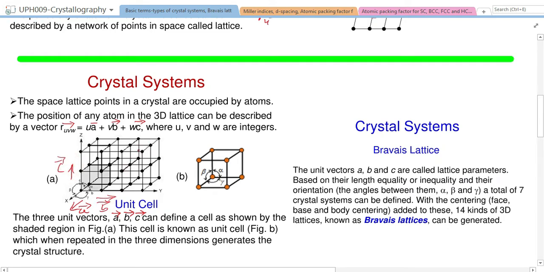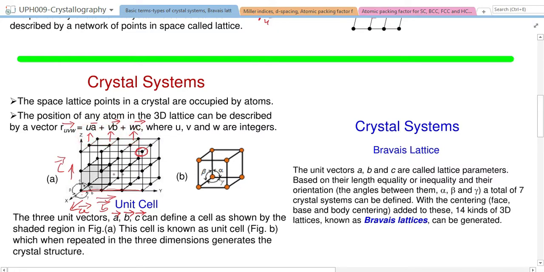Then at any point, let's say this, how many times do you have to go along A? None. So 0 along A, 3 along B, and then 2 along C. So the coordinate of this is 0, 3, 2.